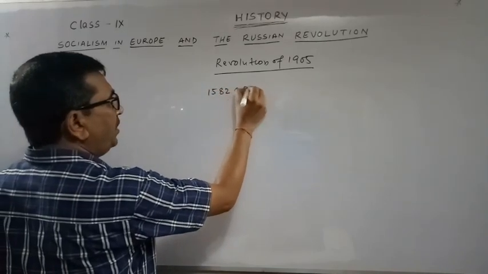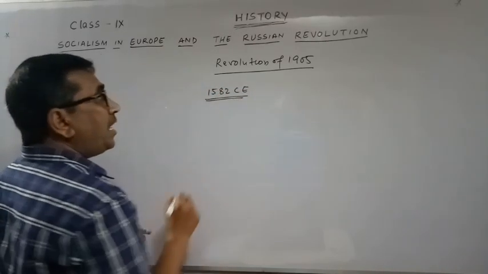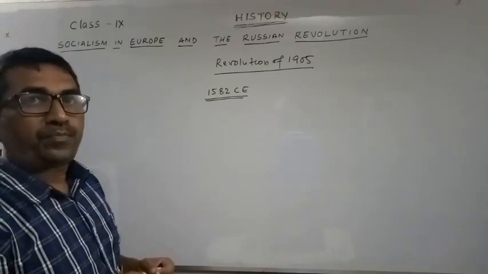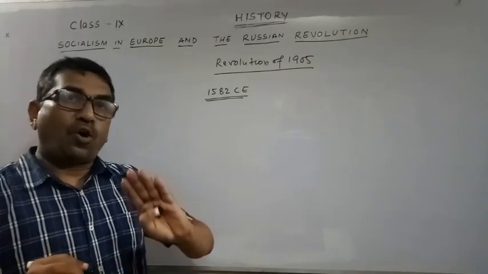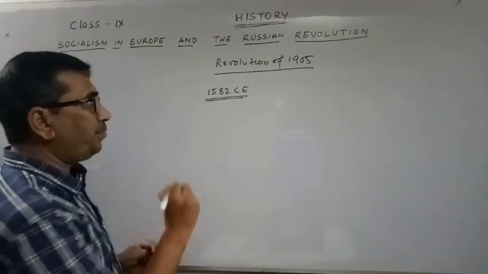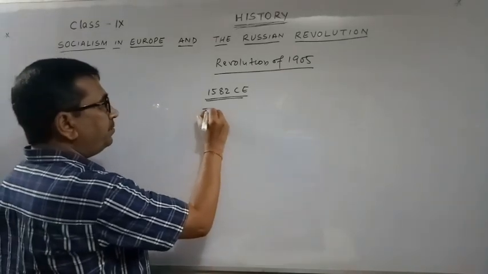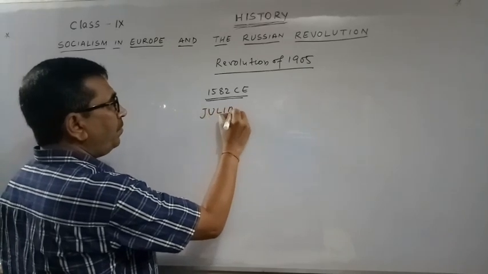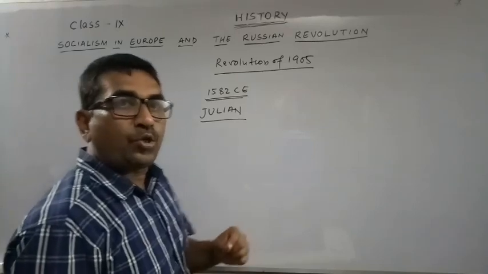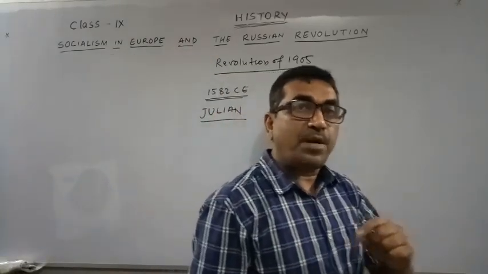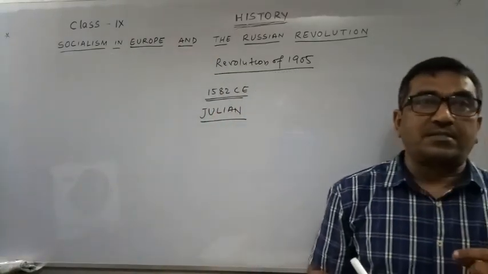Before I start the further discussion, I would like to tell you, before 1582, in Europe, most countries, we can say almost all the countries in Europe, were using the Julian calendar. The Julian calendar was prepared by Julius Caesar.